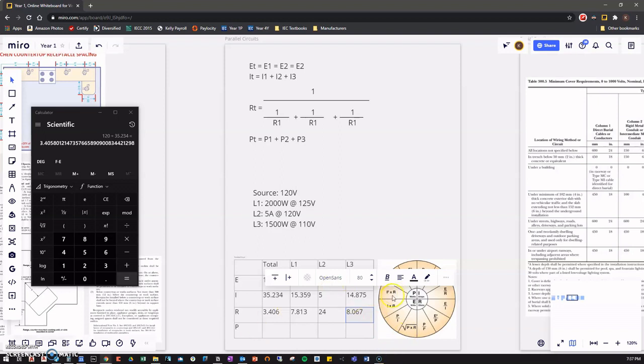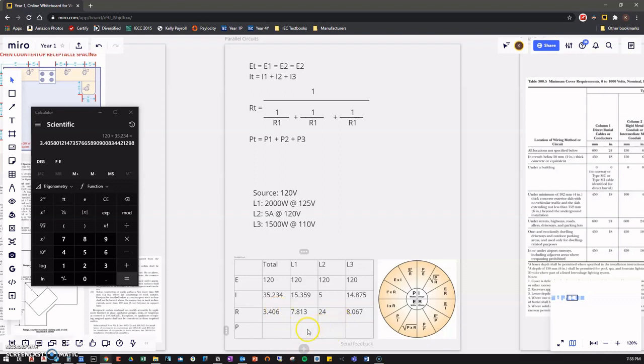The more current that flows, the less resistance there is. Well, your amperage, since it's additive, mathematically has got to be higher than any one of these. So your current's higher, therefore your resistance must be lower. So your total resistance in a parallel circuit will always be the lowest value. If it's not, you made a mistake, right? So again, we have a nice little check here built in.